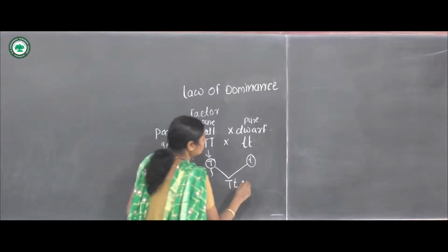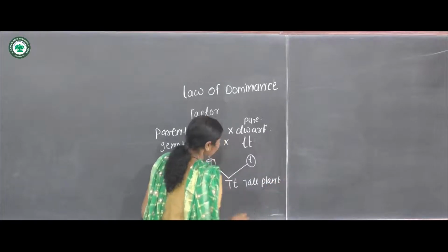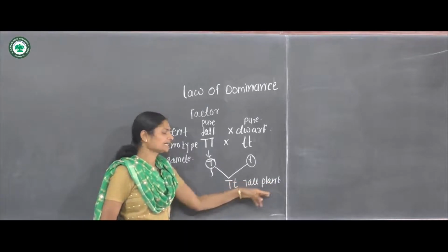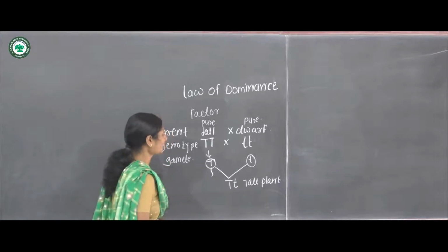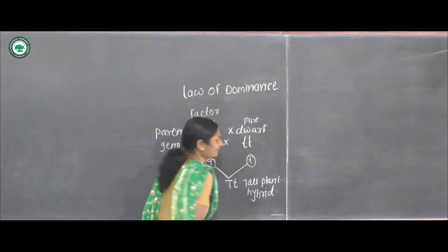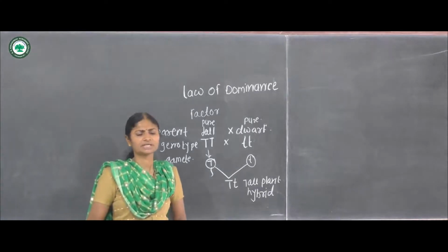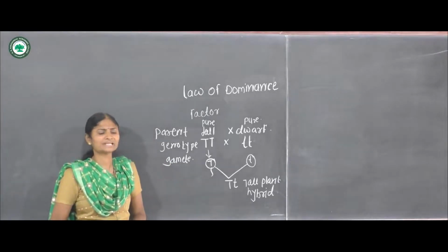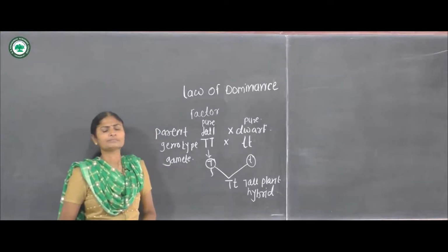This is a tall pea plant but has two different genes, so it is called hybrid or heterozygous. In the F1 generation all the plants are tall like the tall parents, but their genotype is different from that of the tall parent plant.